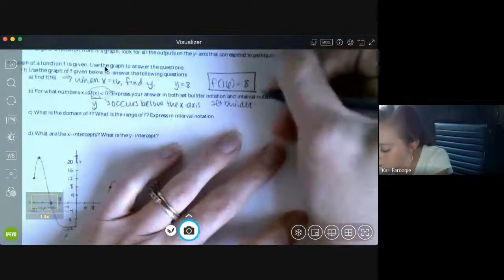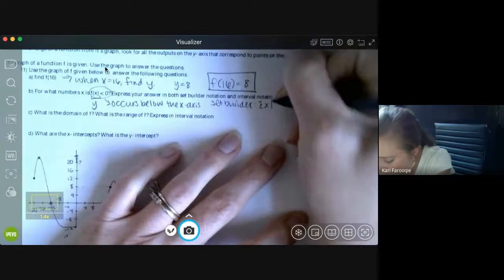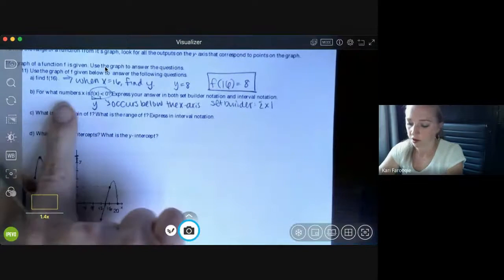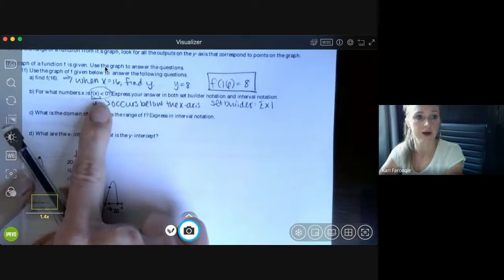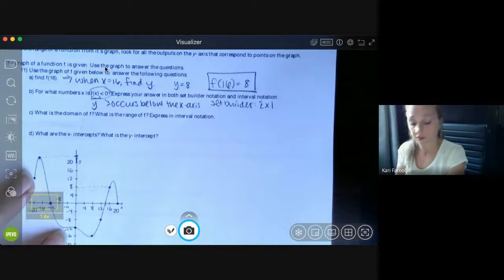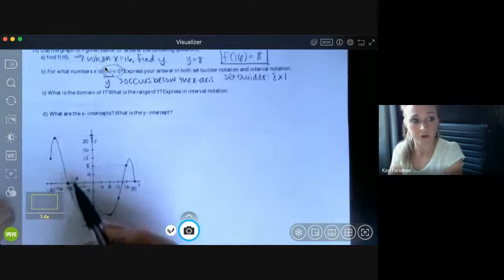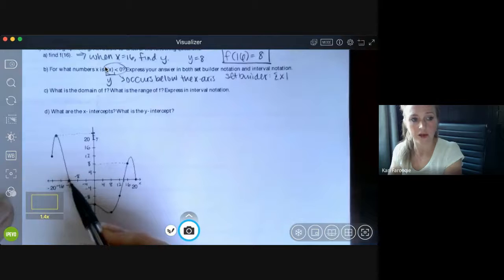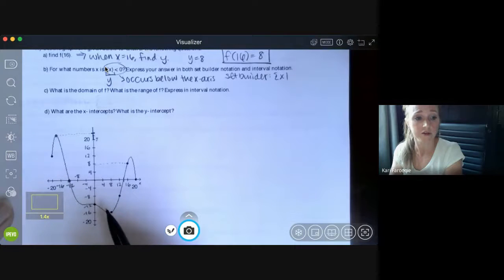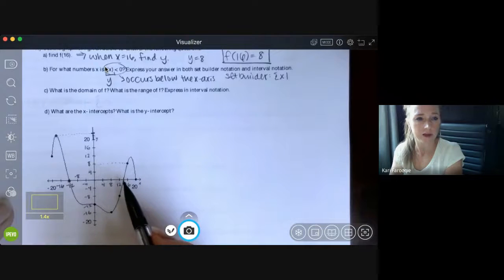Sorry about that. All right, so we are looking for values of x. So for what numbers x is the value of y less than 0? The values of x are going to start out with x equals negative 12. And notice that as you move to the right from negative 12, the values of y are still below the x-axis. So the values of y are still negative until we get to this point right here. And as soon as we get to x equals 14, now the y value is 0.